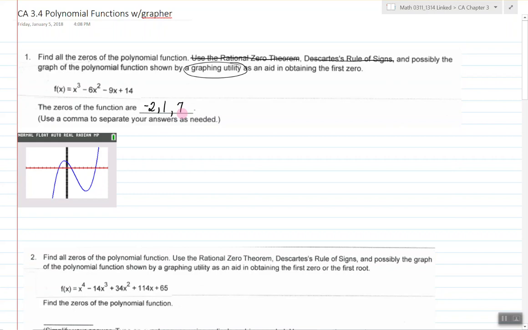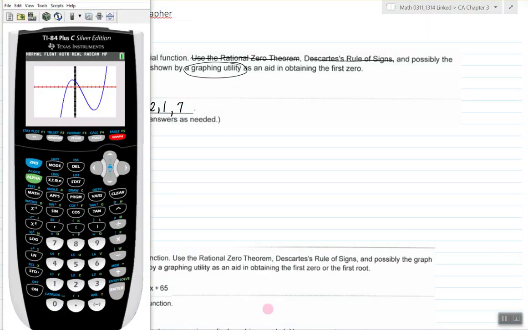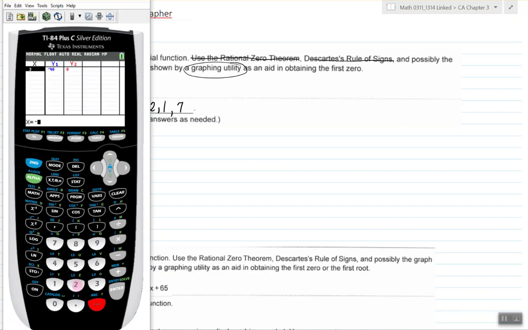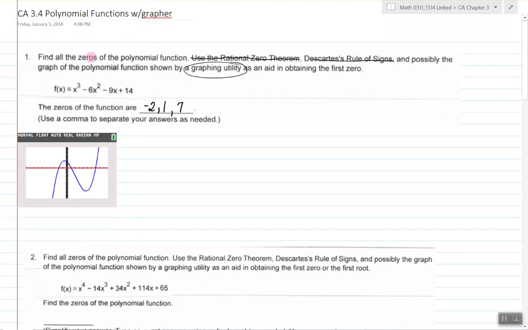If I think those are right, but I'm not 100% sure, I can always go to second graph, which is table, and type in -2, and I get y1 is 0; 1, I get y1 is 0; and 7, I get y1 is 0. That shows me that these x values give you y is 0. That makes them the zeros of the polynomial function. I used exclusively the graphing utility.